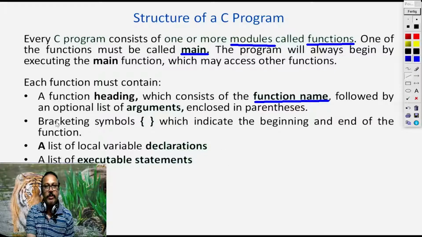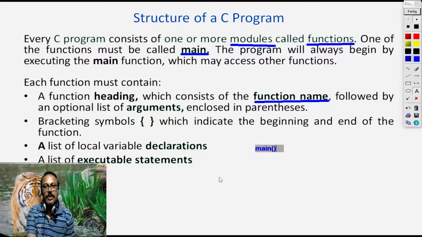So every function consists of a function name followed by an optional list of arguments, and they are enclosed in parentheses. So these are the parentheses. Parentheses means these symbols. There are other kinds of symbols like square brackets, flower brackets, etc., but this refers to the parentheses.